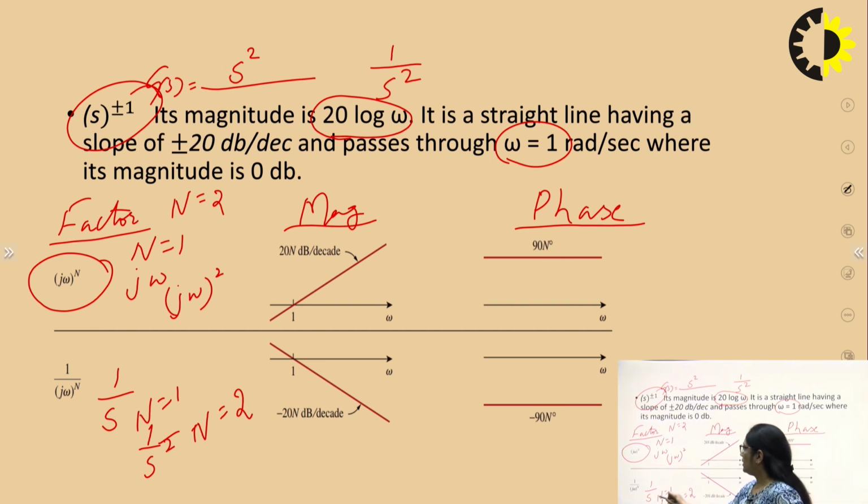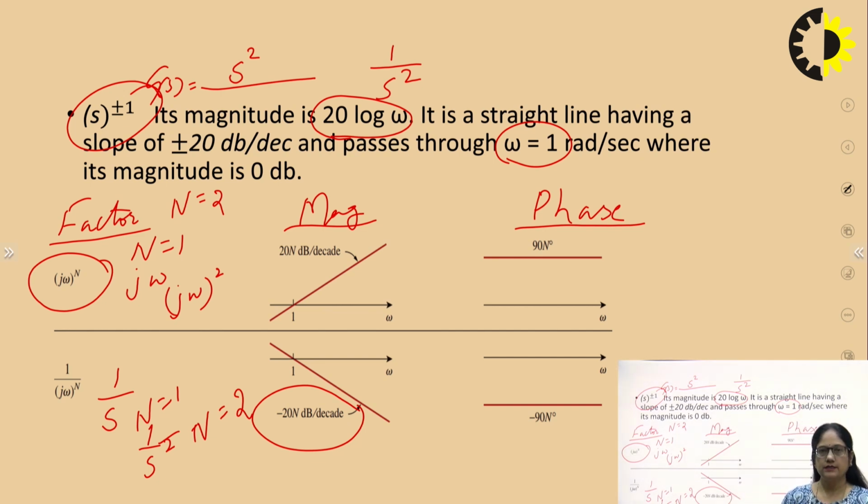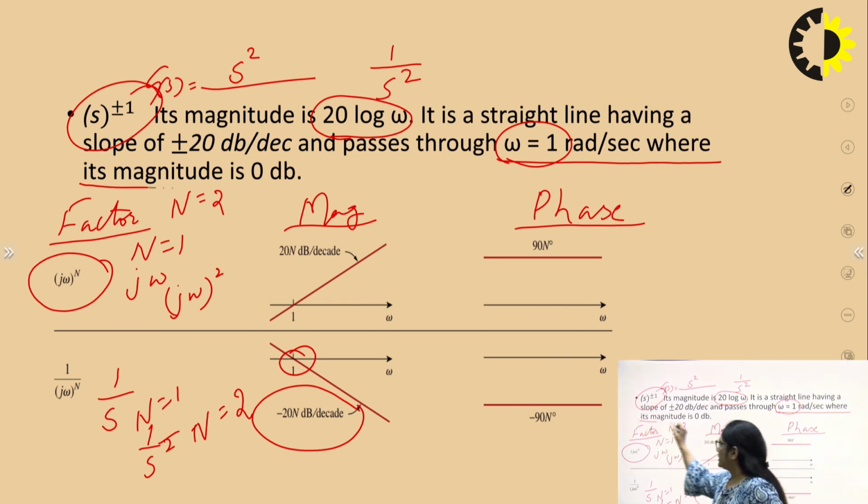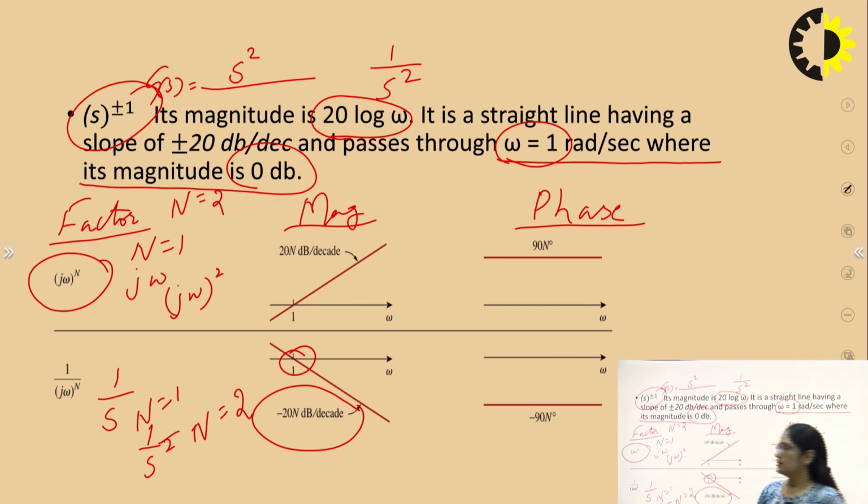When there is a pole at origin, then it will be minus 20 dB per decade. The slope is minus 20 dB per decade and the magnitude at omega equal to 1 radian per second will be 0 dB.